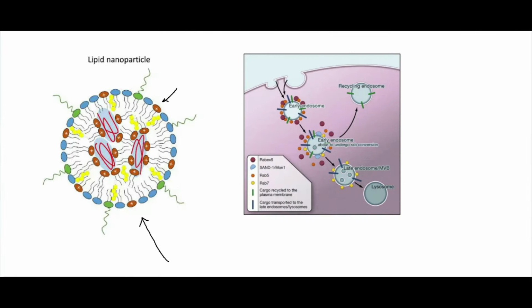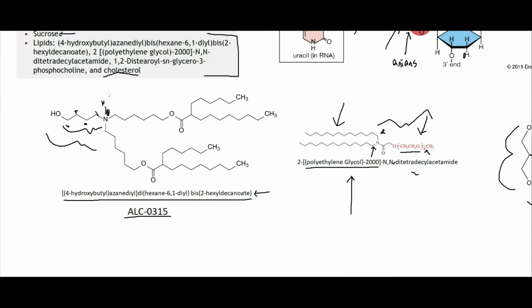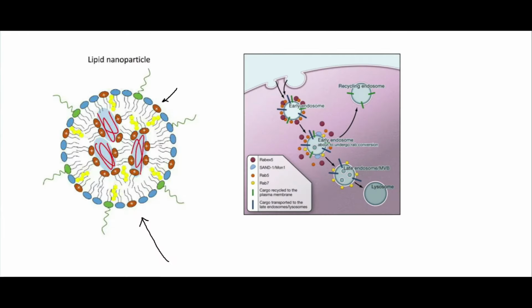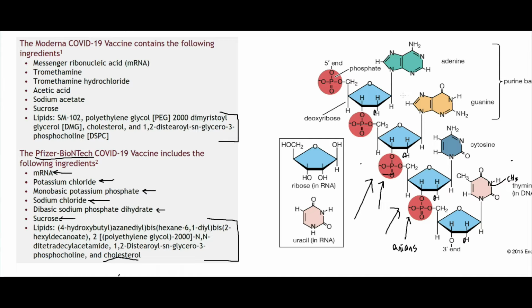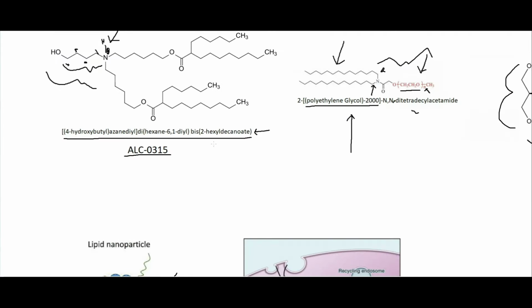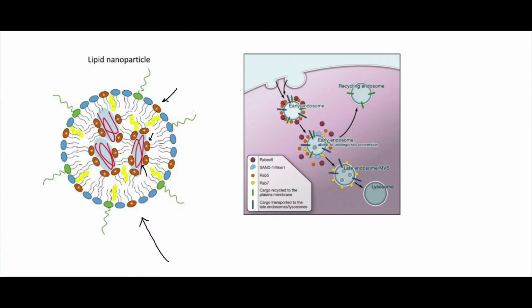You can see here they have these red plus ones, which are supposed to be this head right here, I believe. Those also form these little shells around these little red spaghetti noodle things, which are the RNA inside of it. The positive charge on that nitrogen is associated with the negative charge on the mRNA.